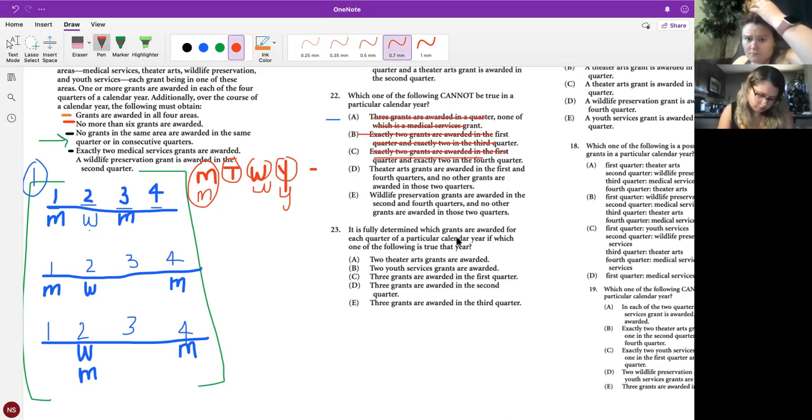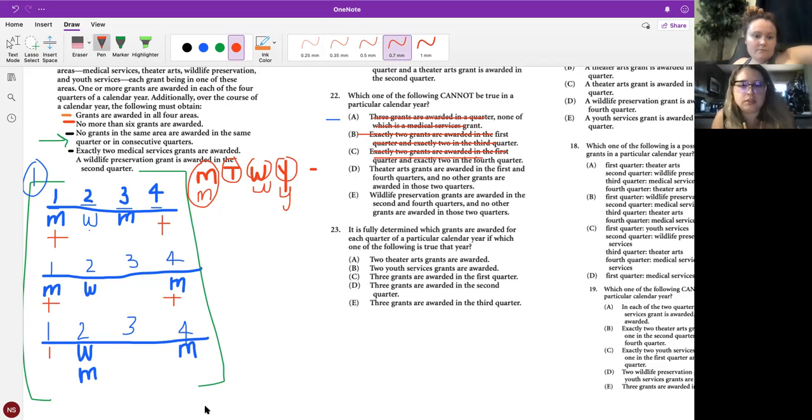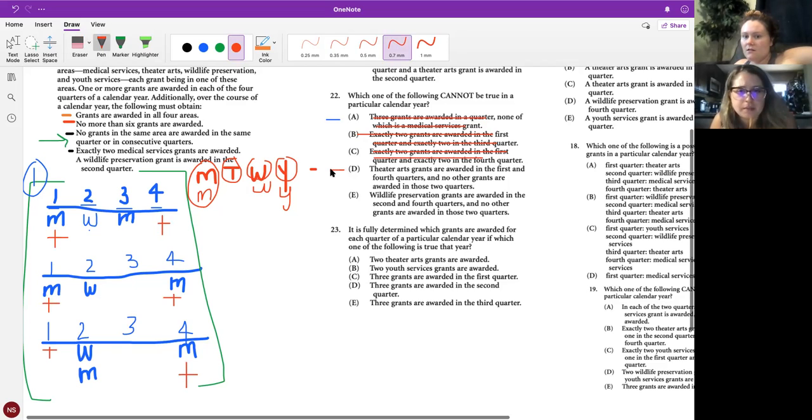Exactly 2 grants are awarded in the first quarter. Okay, W, we do Y. Oh no, wait, 1, 2, 3, 4, 5. Wait. I think that might be a violation. I would keep C and then go to the rest. Didn't you say D? Weren't we trying D?